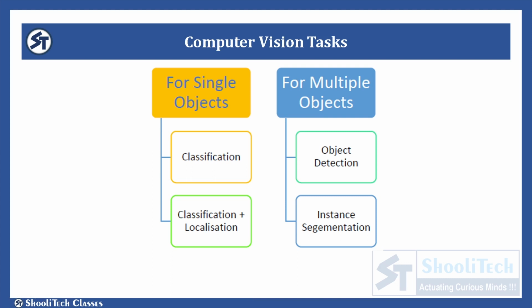If the image has a single object, then the CV task can be classification or classification plus localization. And if the image has multiple objects, then the CV task can be object detection or instance segmentation. Now let's try to understand them one by one.